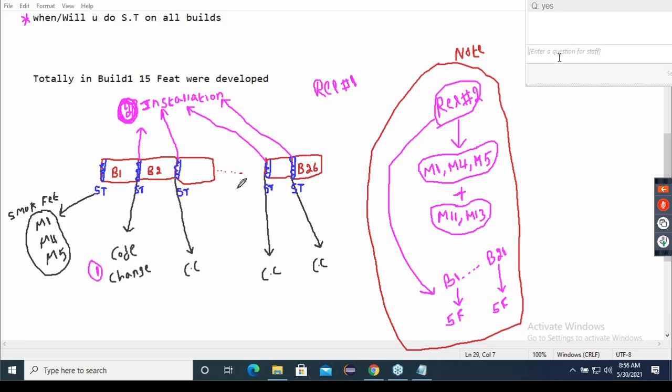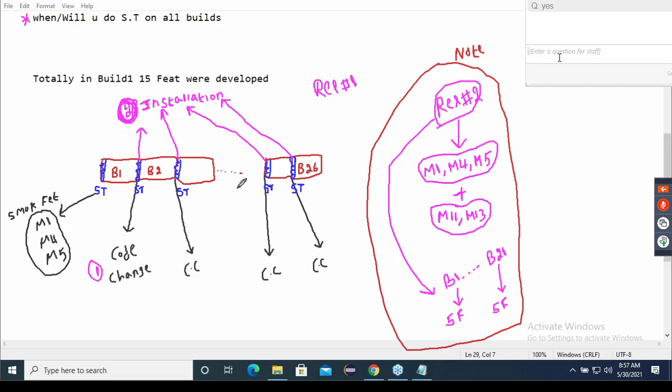Whenever a new build is installed, we always go for smoke testing because of code changes and installation. That is the answer which you have to give, guys.